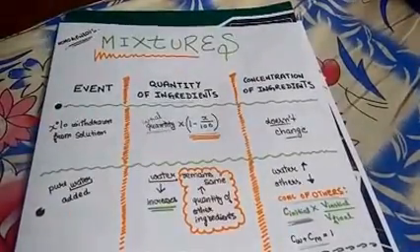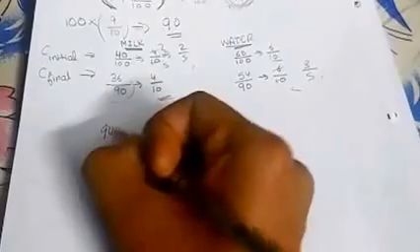And let's see why that happens. So we have established that the quantity of others would remain the same, right?